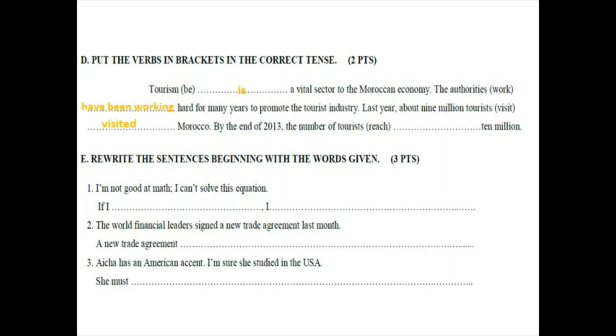By the end of 2023, the number of tourists, في الآخر ديال سنة 2023 the number of tourists reach يصل إلى so 10 million. So what do we say here? Will have reached 10 million. Will have reached 10 million.